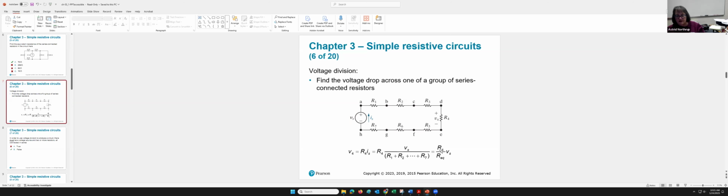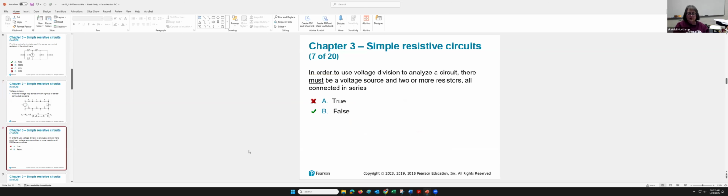So in other words, the voltage across R4 is going to be the resistance R4 over the equivalent resistance times the voltage of the source: V times a fraction, R4 over the equivalent resistance of the circuit. This is all derivable using V equals IR and the statement that we just came up with for voltage division, or for resistors in series.